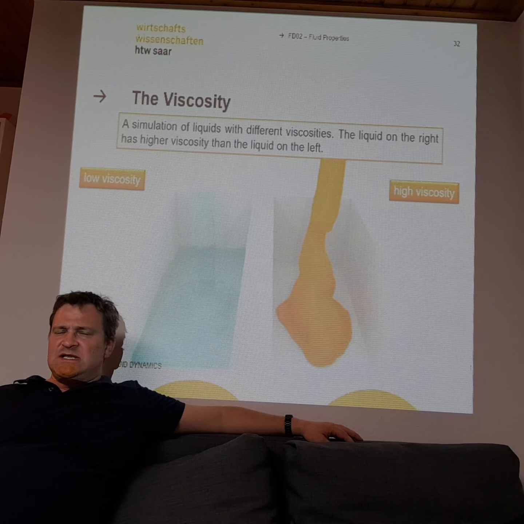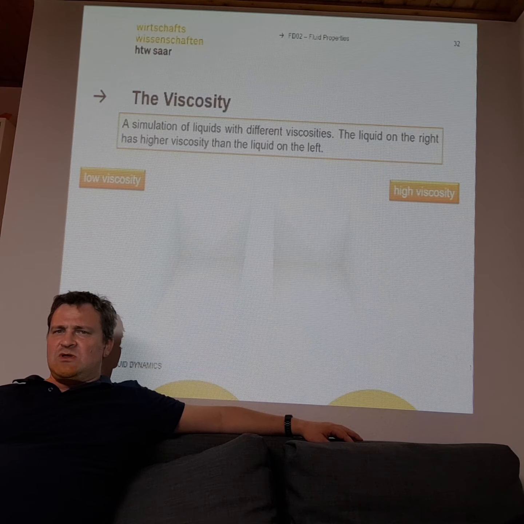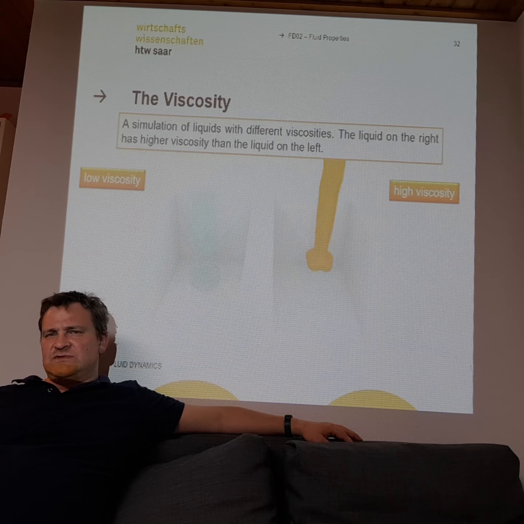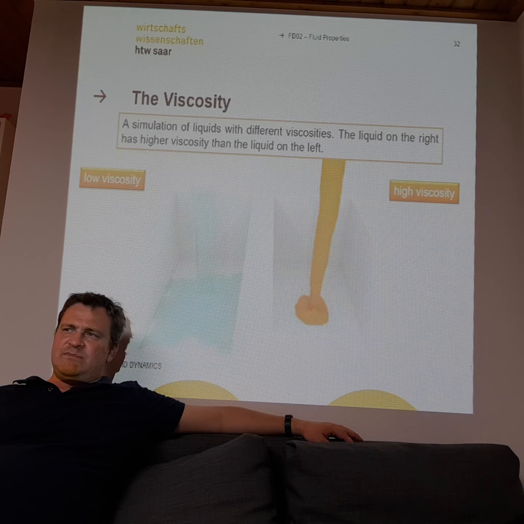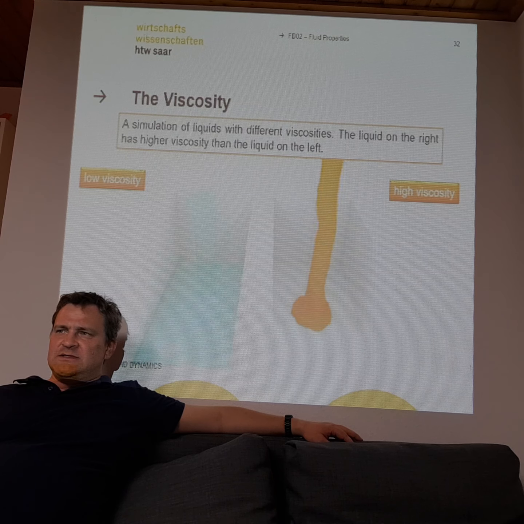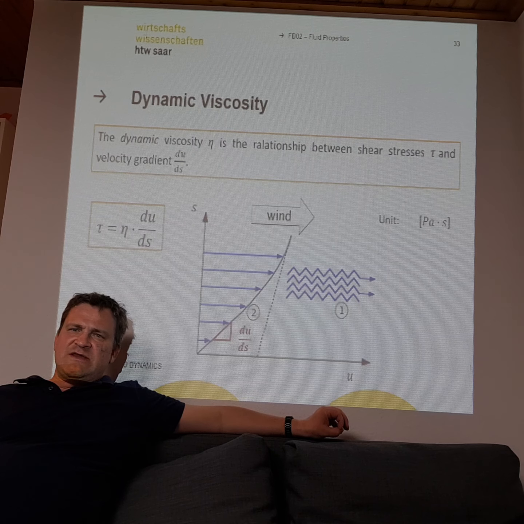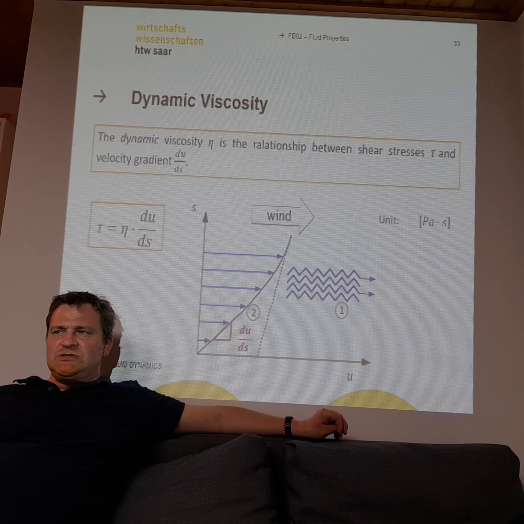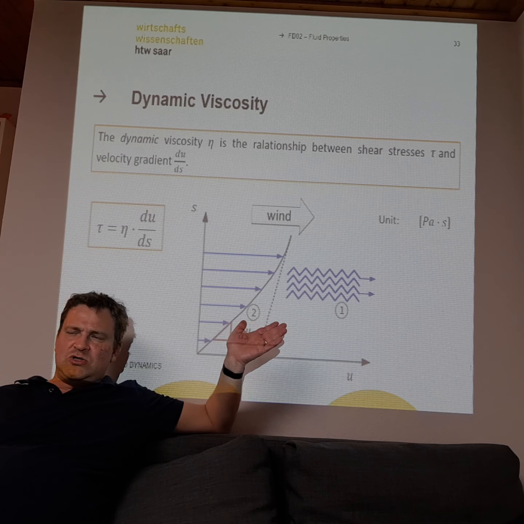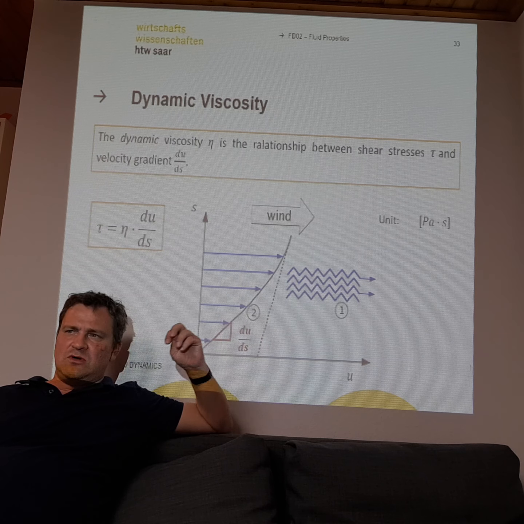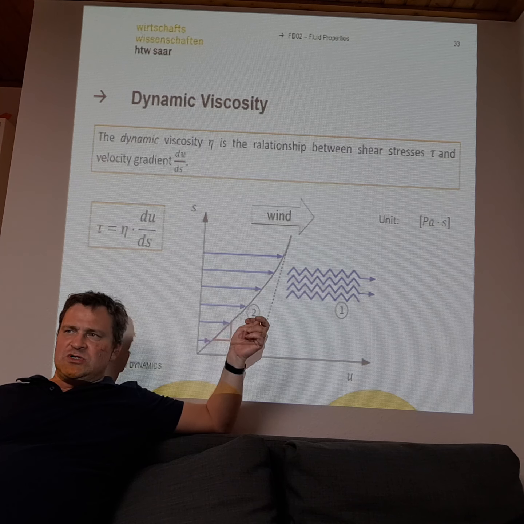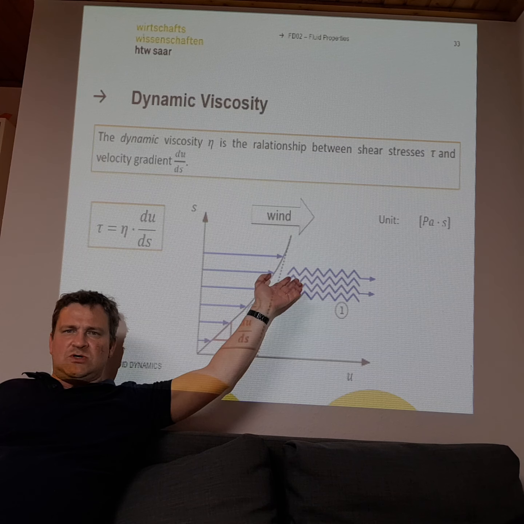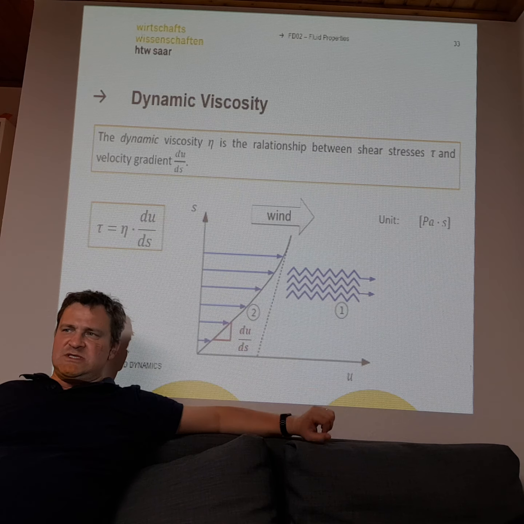But in this lecture, we have to go more into detail, because the difference between different viscosities has a high influence on the design of power plants or so. And let's go to the definition of viscosity. For example, imagine you have a pot of water or a river or something, and there is water inside. Then you have a movement of air on the top, and it pushes the water to one side, and you get a velocity in the water.